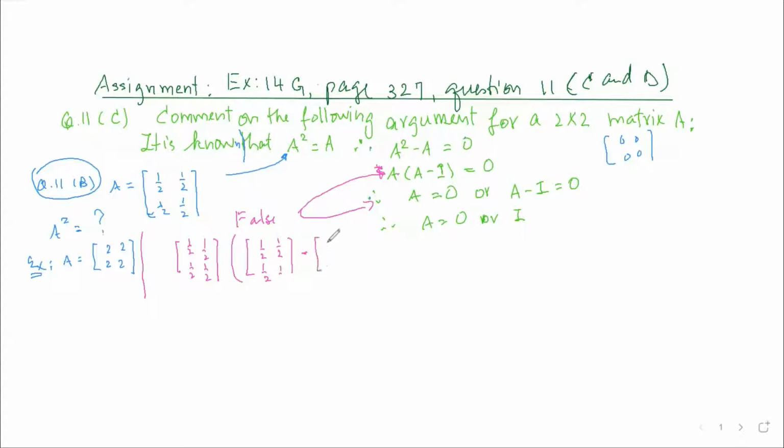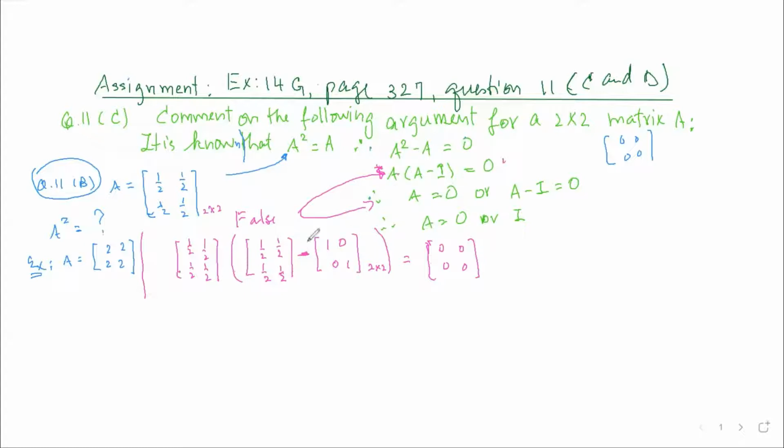Identity means 1, 0, 0, 1, because matrix A is 2 by 2, so the identity should be 2 by 2 as well. I'll let you try it: simplify and see whether this side equals the zero matrix or not.